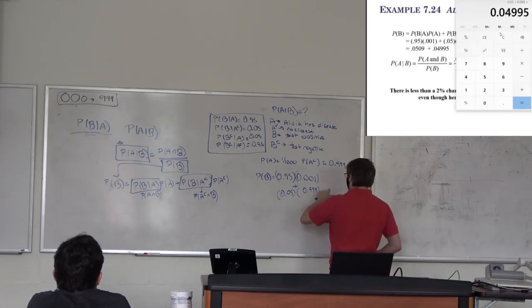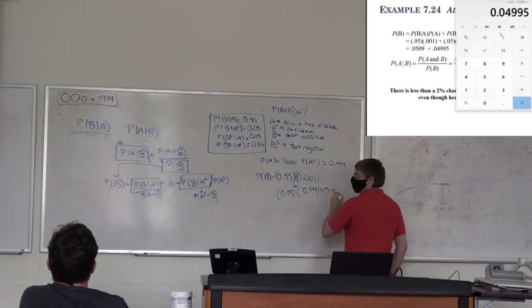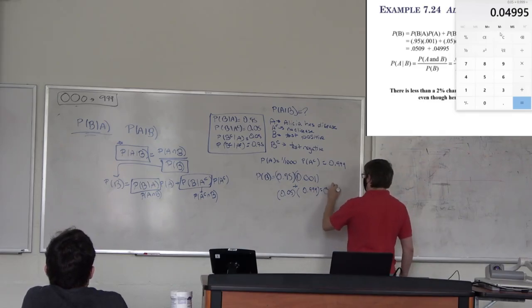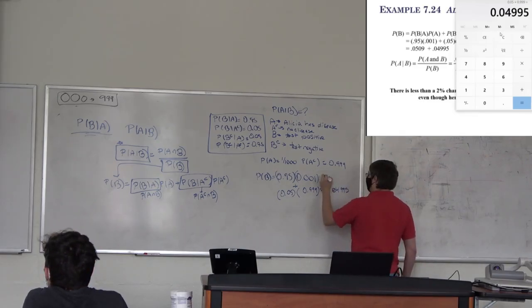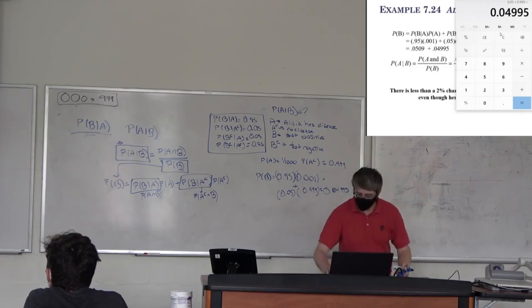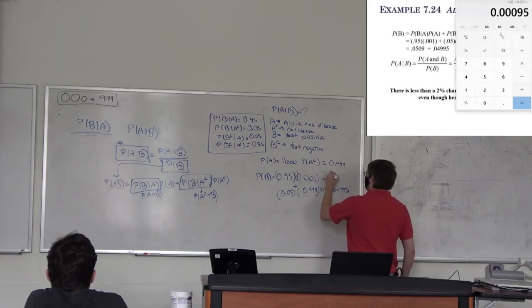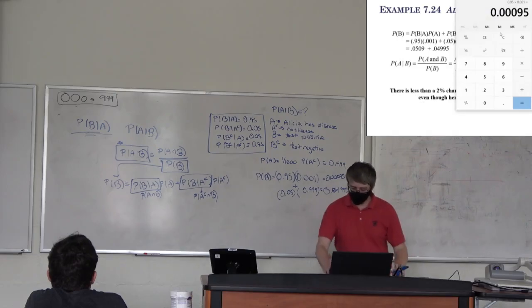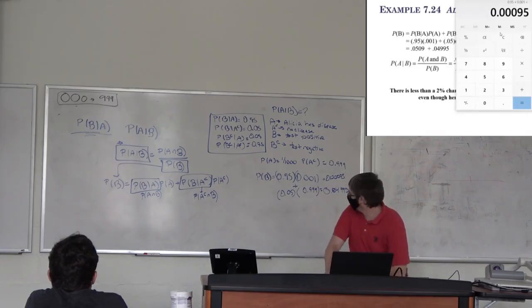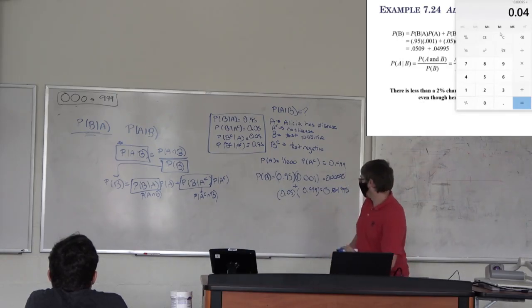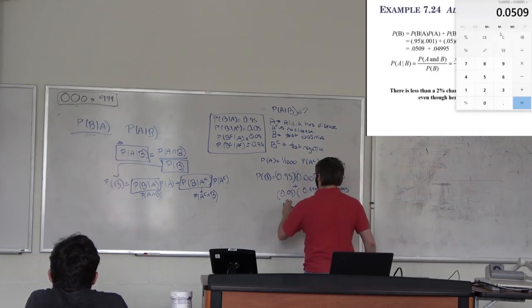So this part here is 0.00095, and this part here is 0.0495. And then when I add these together, I get that P of B.